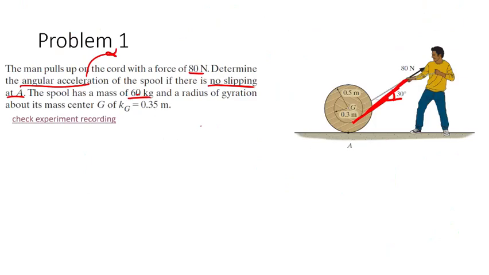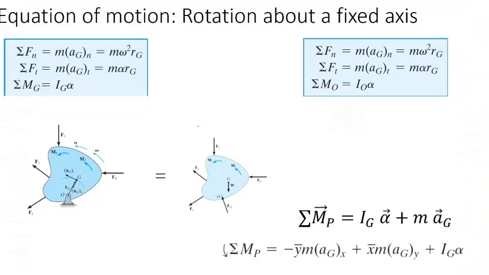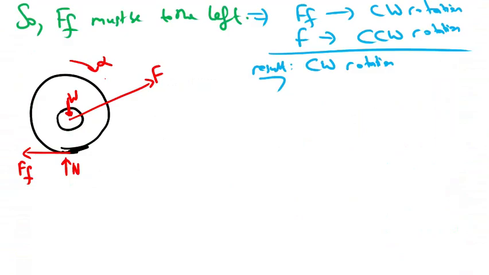Okay, then the equations that we have are these equations. We will use this part. Since in this case we don't have a, the point G moves in a straight line.